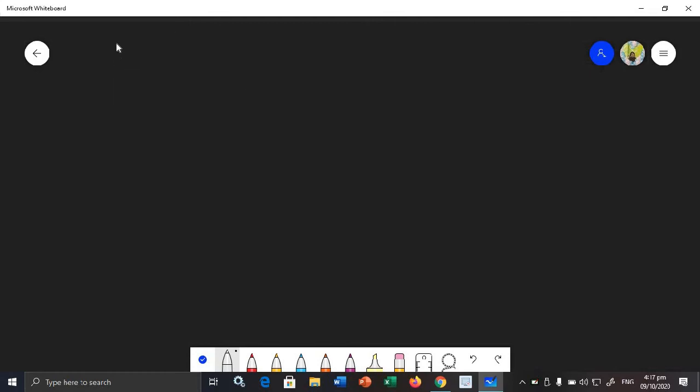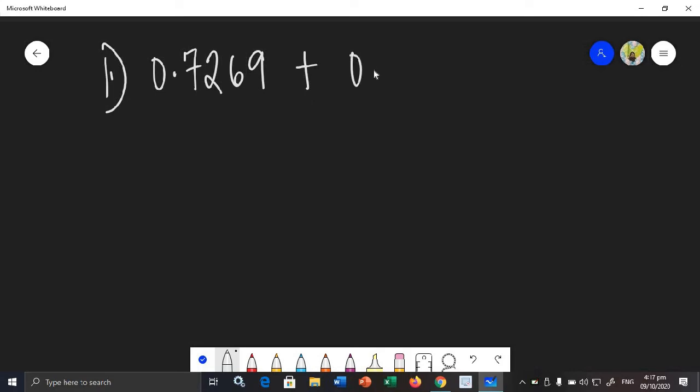So let's say, for example, we have example number 1. And then the example is 0.7269. And we will add this to 0.9282. Okay? So as you can see, the given is in horizontal form or yung pahiga siya, di ba?